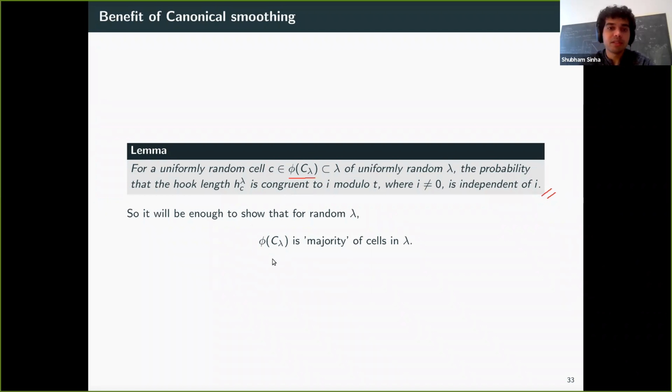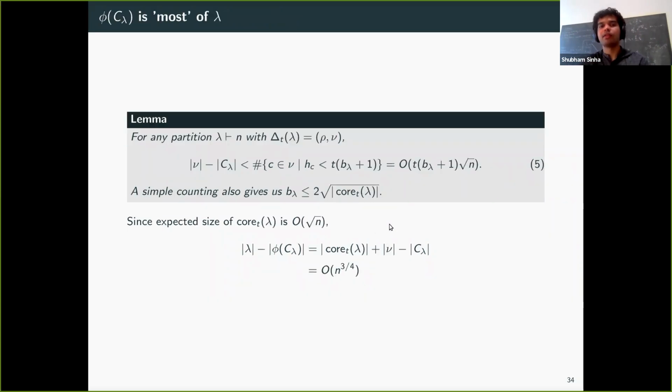So if you want to show for a random cell C in a random partition lambda that the modulo class is independent of I, you have to show in some sense that phi C constitutes most of lambda. Otherwise the cells do not distribute the modulo classes equidistributed for I not equal to 0. If those are all the cells, then you're done.